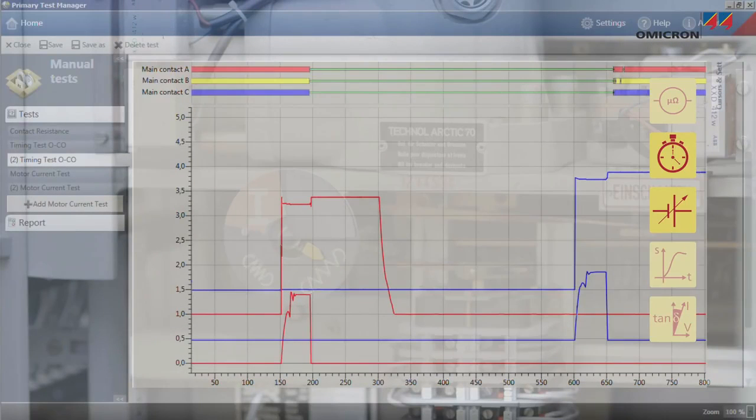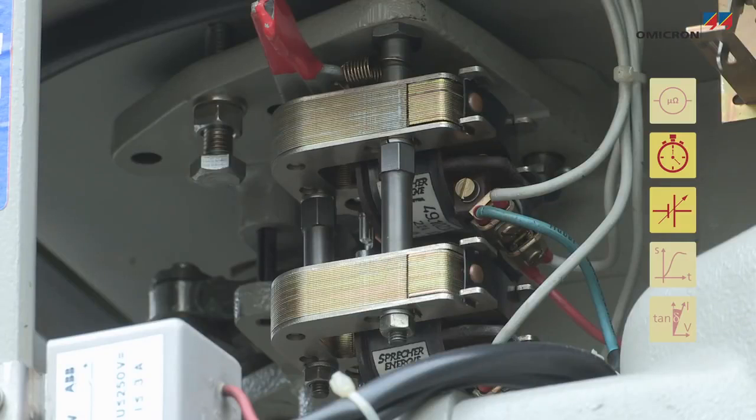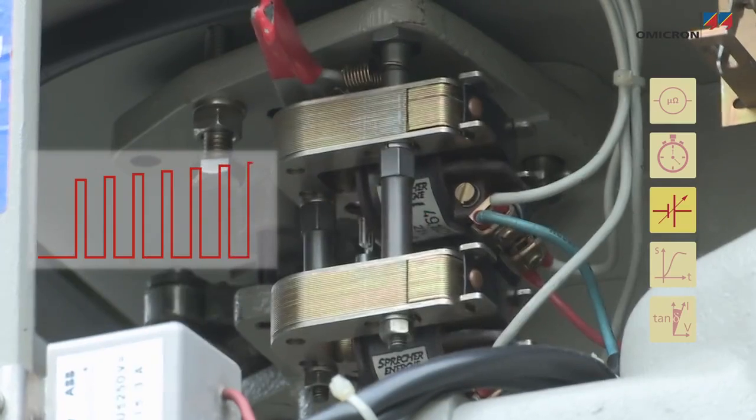Comparing these results to factory data or earlier measurements can reveal trends. Recording trip and close coil currents gives an indication of their mechanical and electrical condition, as well as the condition of the latch. The minimum voltage, known as minimum pickup, needed to trip and close the circuit breaker is also usually measured to ensure that it can still operate in case the DC supply is weak.